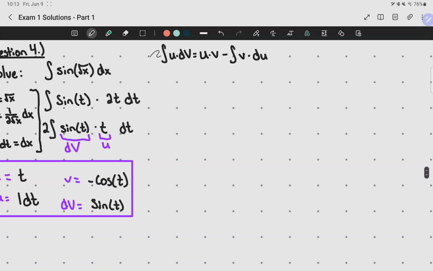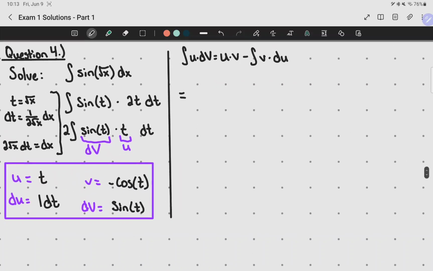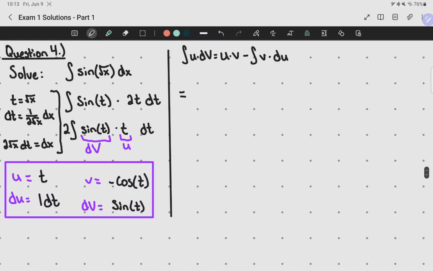So we're going to take this formula and have it equal u times v, I'm sorry. So negative t cosine t minus the integral of v, negative cosine, times du, which is just dt.